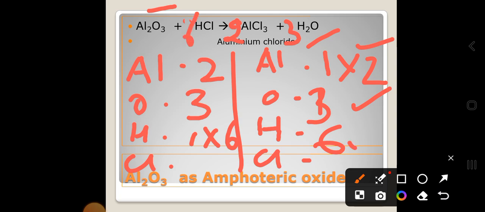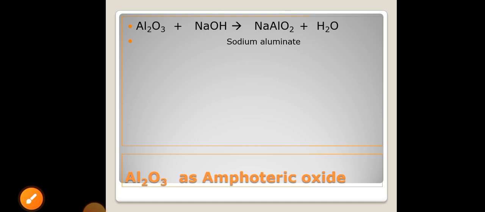Now hydrogen is also balanced, and last comes chlorine. There are 6 atoms of chlorine on the reactant side, and on the product side 3 twos are 6, so chlorine is also balanced. Hence the total balanced chemical equation would be Al2O3 plus 6 HCl giving rise to 2AlCl3 plus 3 H2O. This way we can balance the equation.